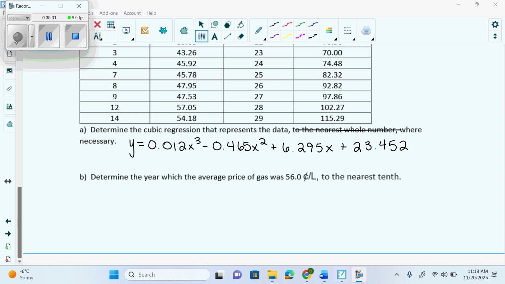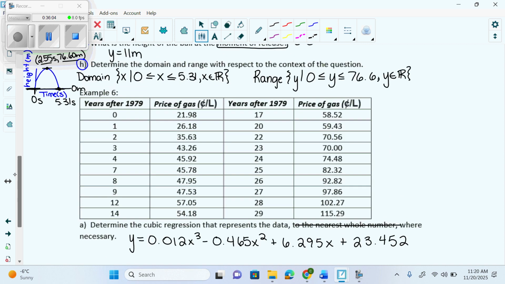Okay, so Y2 is 56. So everyone's typing it in. Second, trace 5, enter, enter, enter. Now watch yourself. X is the nearest tenth, 16.5 years. But what year is that? What do I add it to? 1979, because year 0 is 1979.